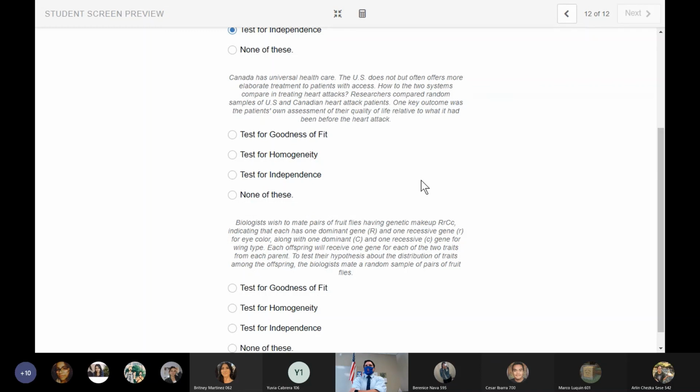One key outcome was the patient's own assessment of their quality of life relative to what it had been before the heart attack. So we have 2 separate populations, US and Canada, and 1 variable. Right, the 1 variable is their assessment on their quality of life. Right, so this is a test for homogeneity.